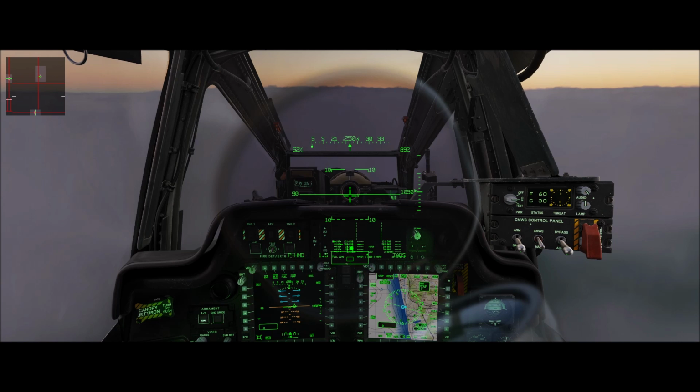When we're instrument flying, we want to make sure that our headings and our altitude are as precise as possible.